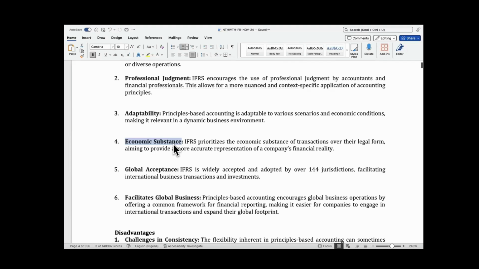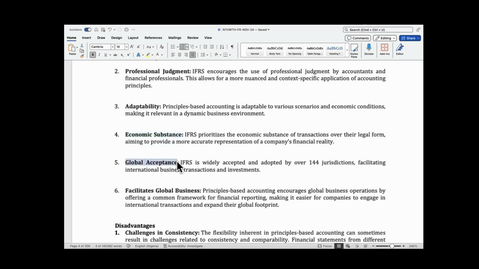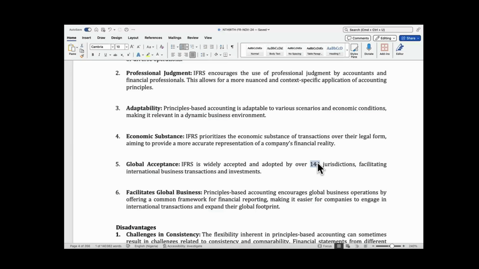Another one is global acceptance. What I have not mentioned is that IFRS is used in over 144 countries of the world. So if you want to get international business and investments and your company adopts IFRS, it's easy.